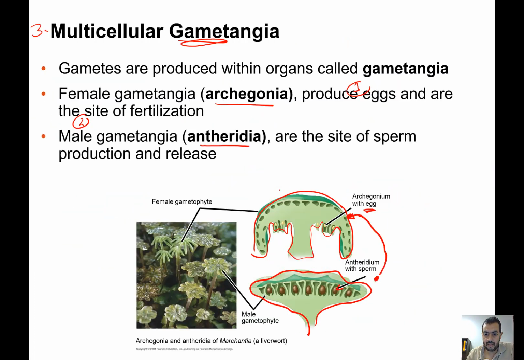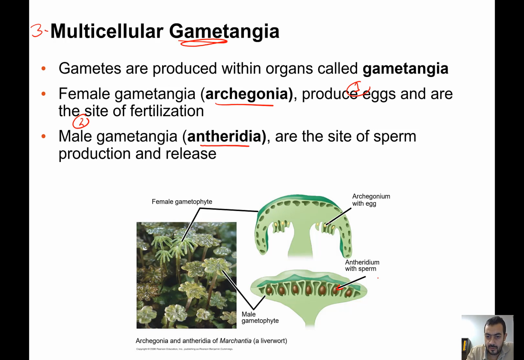So if you go back to this figure, this is an egg, this is unicellular, this is an egg, again unicellular, and so on. But the archegonium itself, which includes many cells, is a multicellular structure. The same for the antheridia.